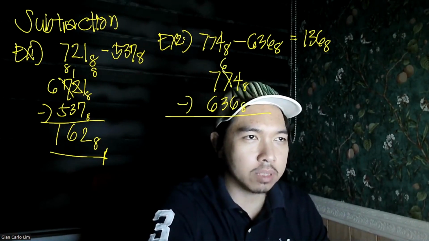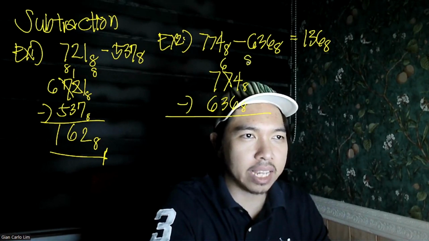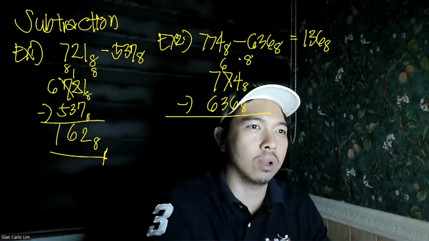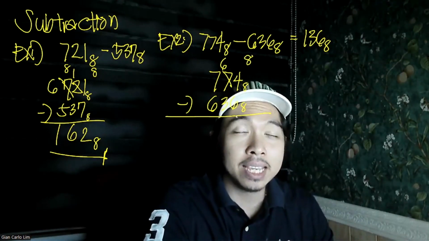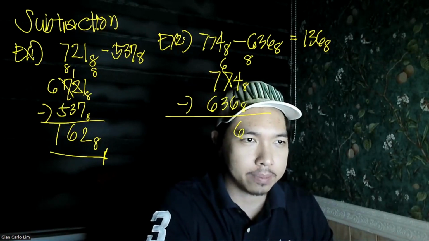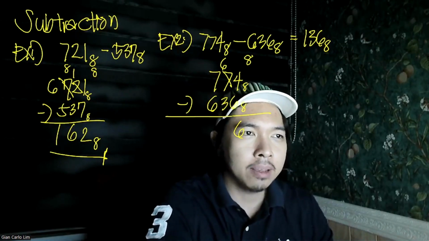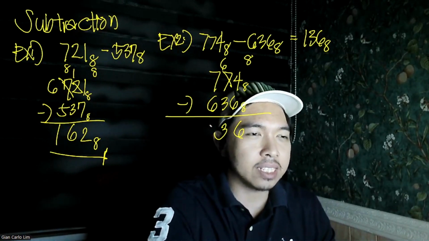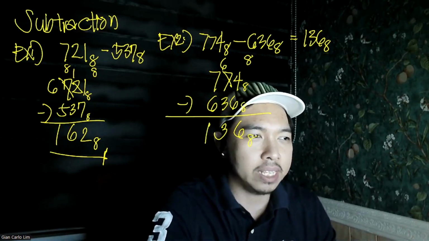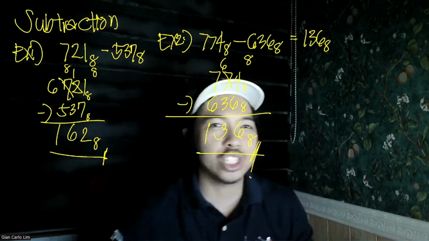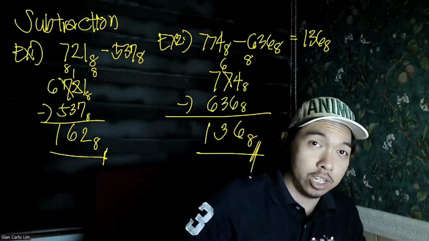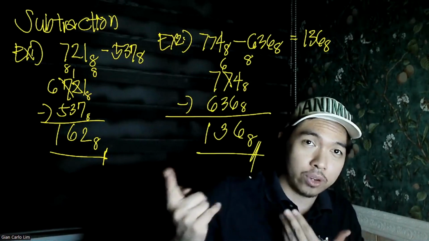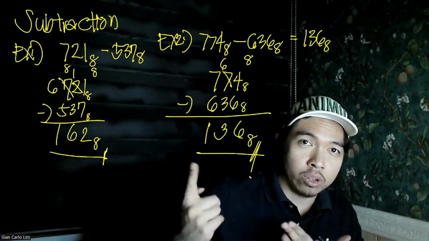Borrow 1. This becomes 6. And then plus 8. 8 plus 4, so that's equal to 12. 12 minus 6 is equal to 6. 6 and 3, so that is equal to 3. And then 7 and 6, so that's equal to 1. And that would be the answer. So ganun lang siya kadaling gawin sa may subtraction. So those are the solutions for you to copy it, jot down on your notes.